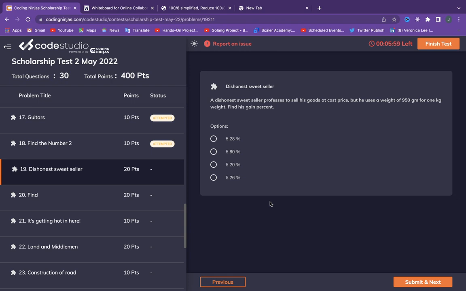So (X minus 950X by 1000) divided by (950X by 1000) into 100. That would be 50x divided by 1000 into 100. So that would be 5 divided by 100 into 100, so 5%.